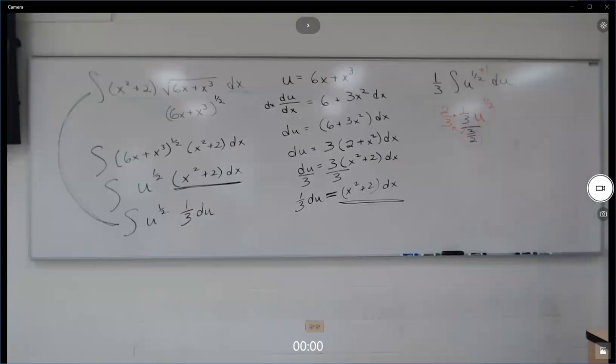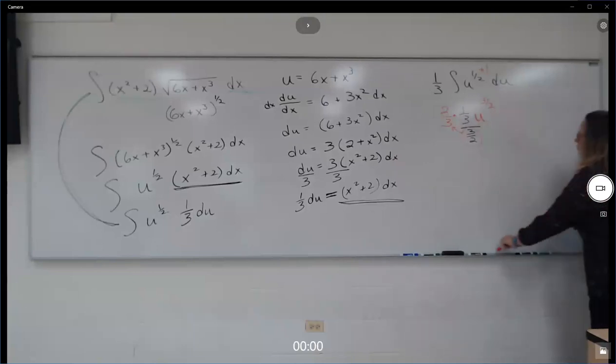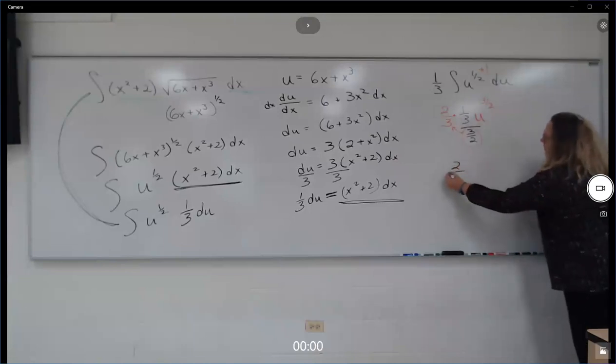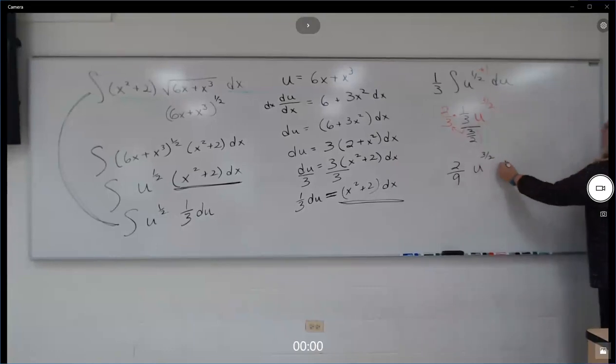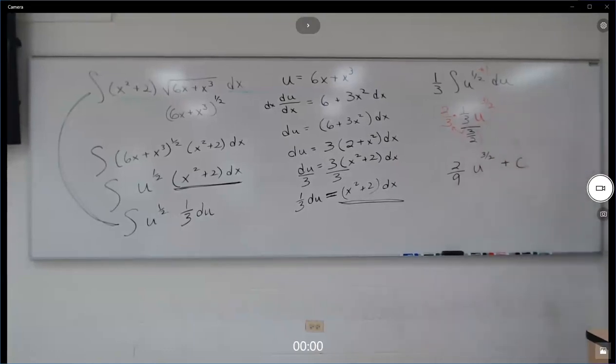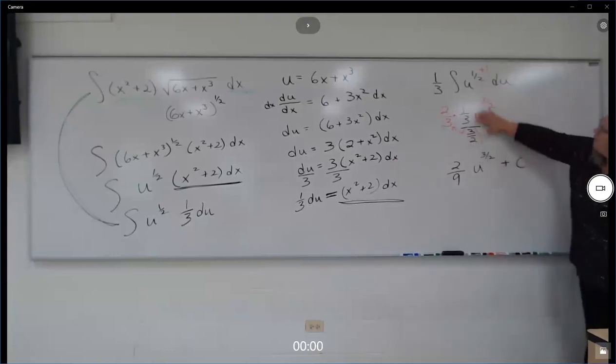And that's okay. So I've got 2 9ths, and then u to the 3/2. You can put the plus c now or later because we still have one more step. We still have to replace the u. So now the integral, we added 1, divided by the new.